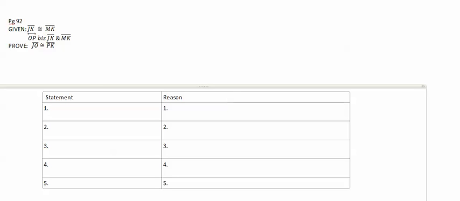If we look at example number 5 on page 92, we're given the following: segment JK is congruent to MK, and line OP bisects JK and MK. Also given the following diagram of a triangle being bisected.